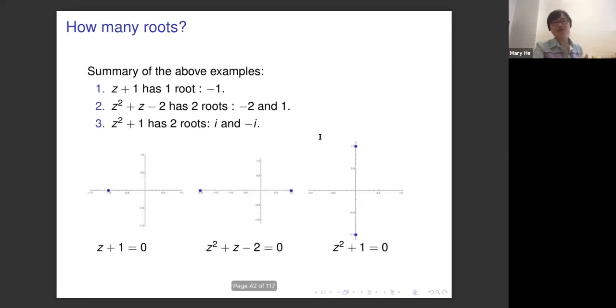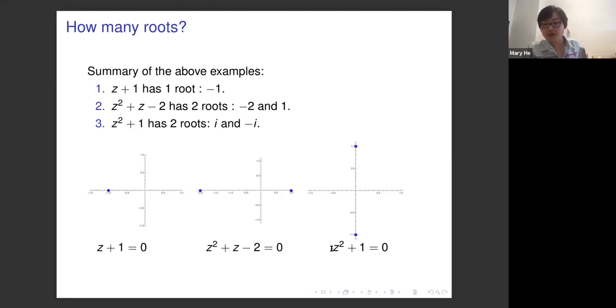Before I tell you the answer, I want to show you some pictures, which is basically how we plotted the roots of the examples we have seen. The first example, z plus 1, the root is -1. And the second example, the roots are -2 and 1. So they live on the real line.